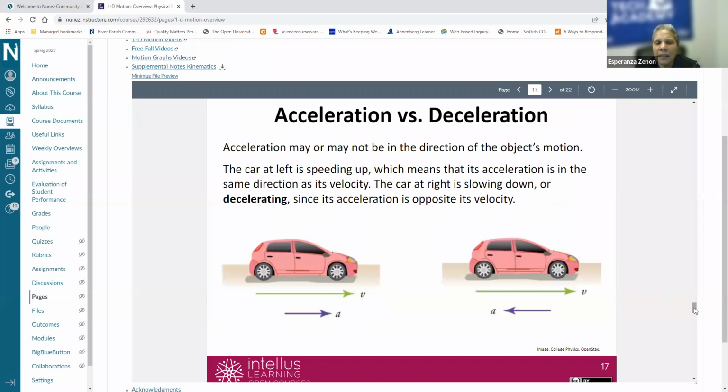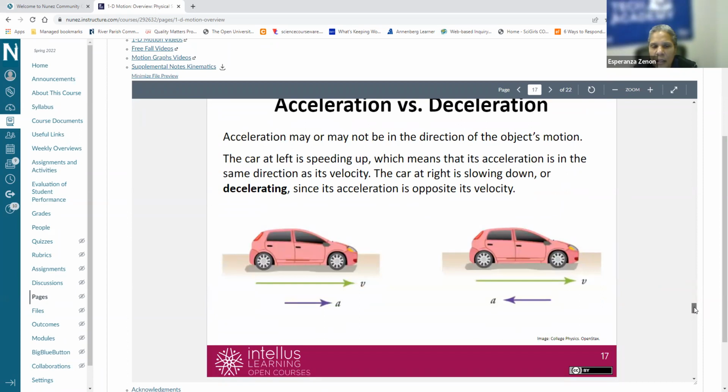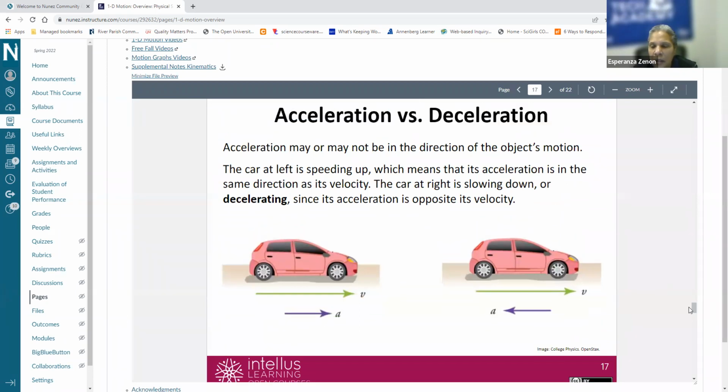We're not going to get too much into this right here. You can kind of skip this screen because I try to keep things simple for you in terms of acceleration versus deceleration. I don't like that word deceleration. In physics, I want you to deal with acceleration, and that acceleration can be positive or negative.